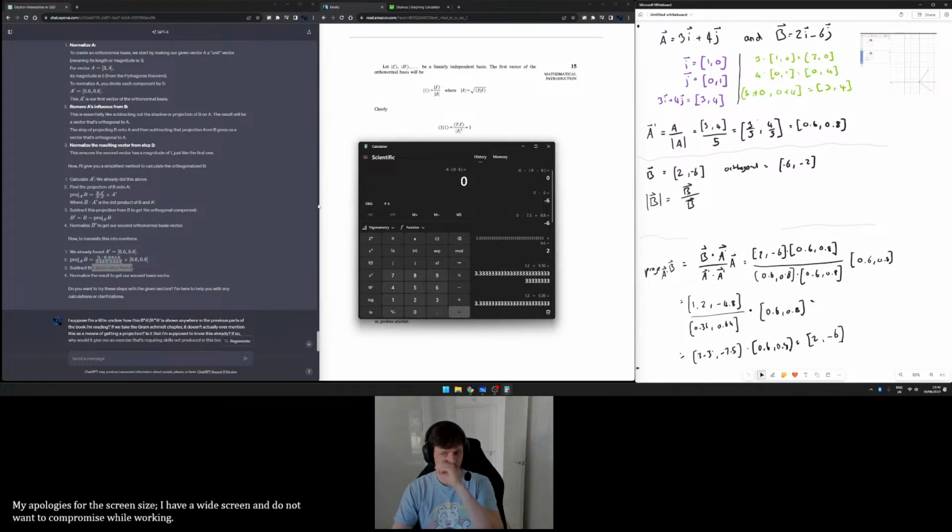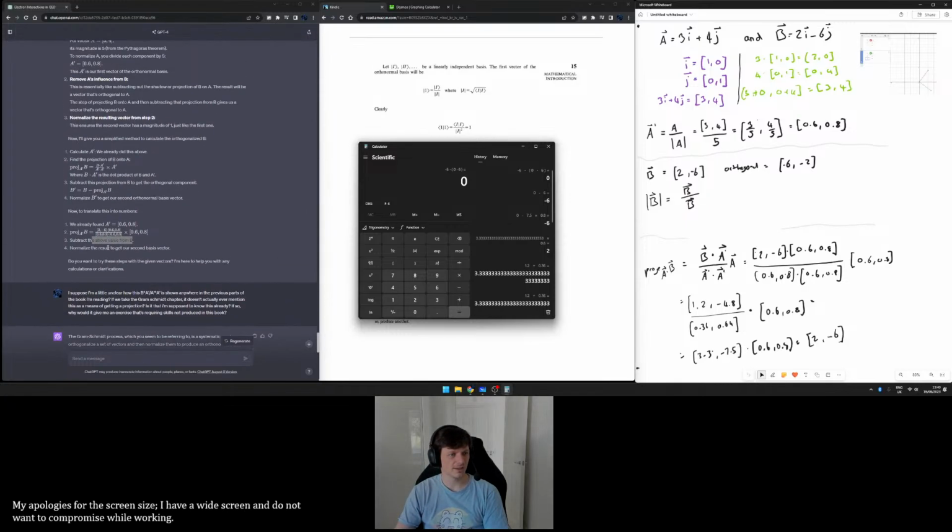And that means that's orthogonal. So normalize the result to get our second basis vector. Subtract the above from B, we'll end up with 0.